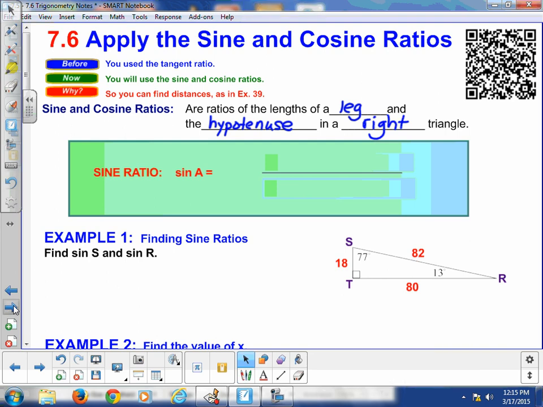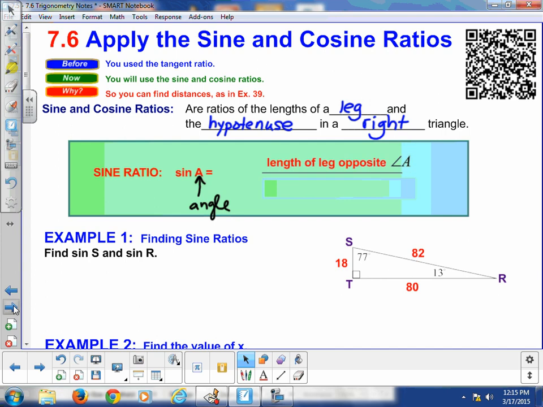And let's look at the sine ratio first. Remember, that A right there is an angle. And it's sine, which you're going to be tempted to say sin. Please say sine. It's not sin, it's sine.